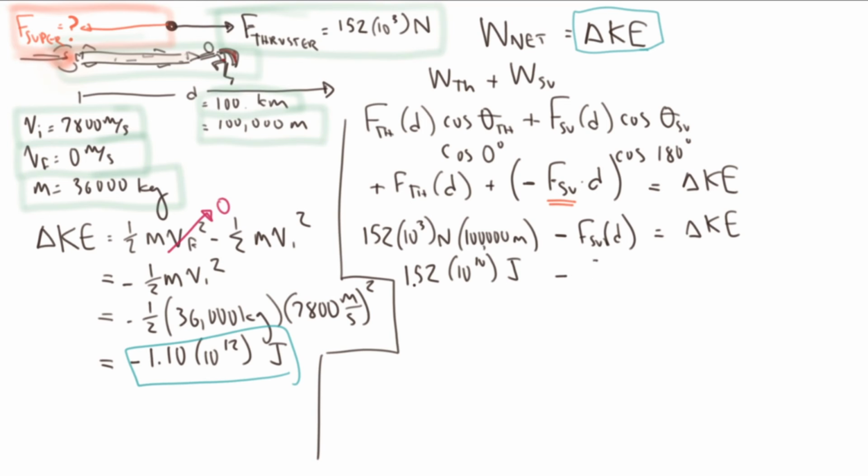And we've got this term here. And now let's plug this in here as negative 1.10 times 10 to the 12 joules. All right, so we need to get that middle term by itself, and we can do a little bit of algebraic manipulation to get that where we want it.